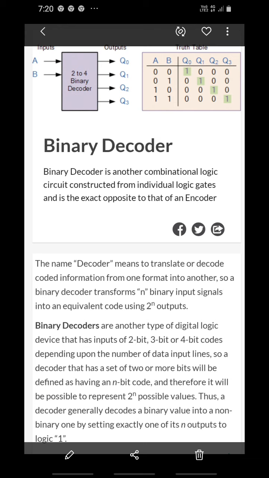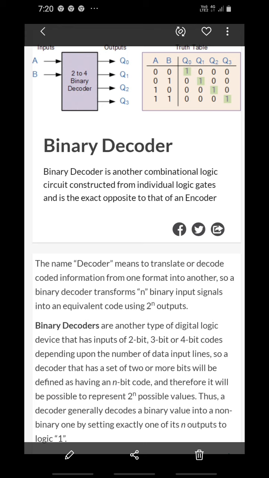So here in the symbol A and B are the inputs, and Q0, Q1, Q2, Q3 are the outputs. And before going to the truth table, the binary decoder.